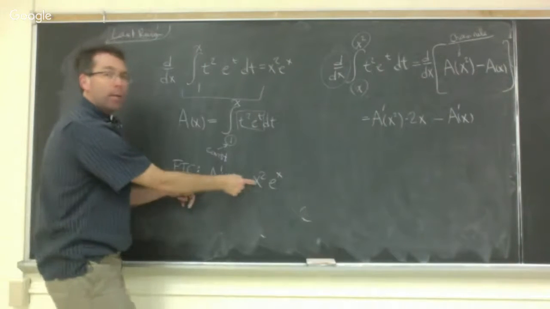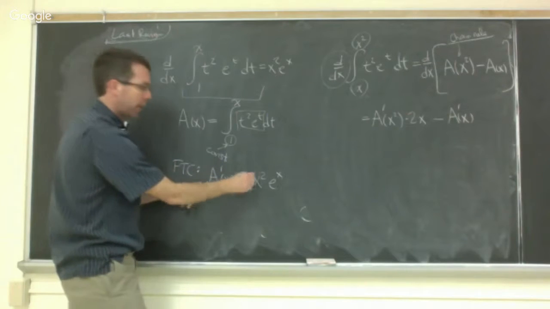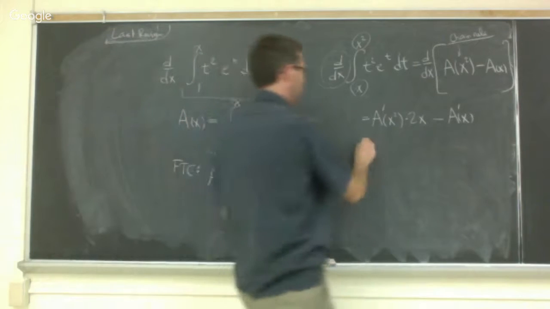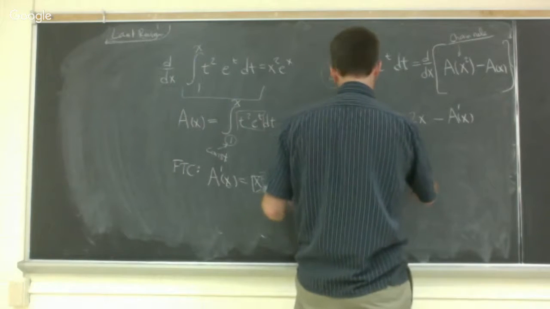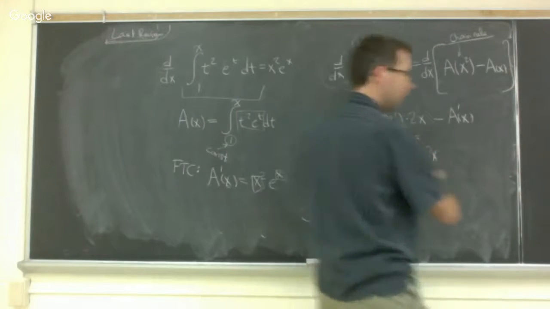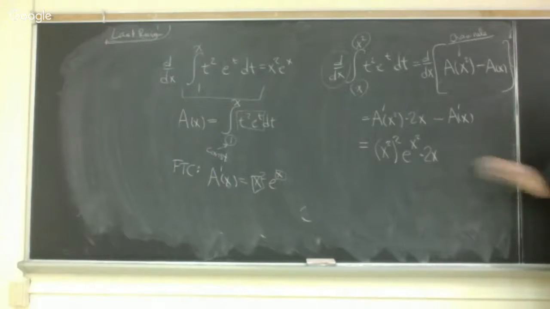This is my a prime. I'm going to plug x squared into this x and this x. And so I get x squared squared e to the x squared times 2x. This is a prime of x squared.